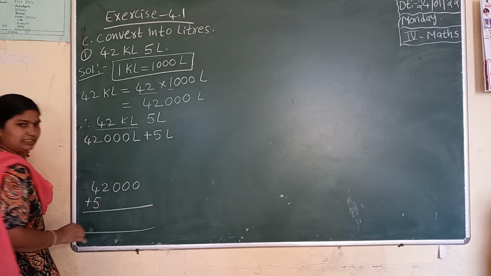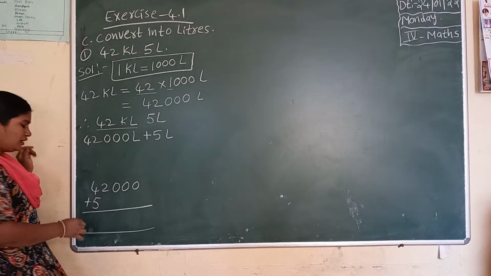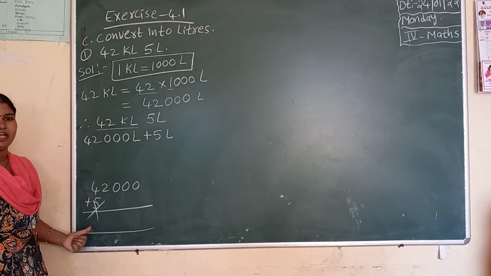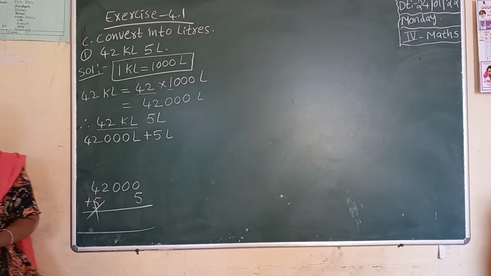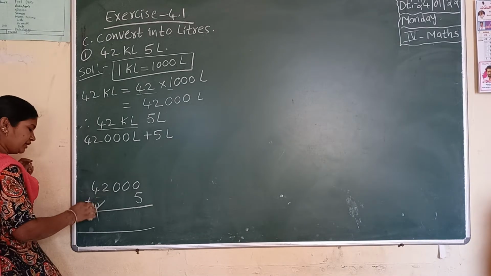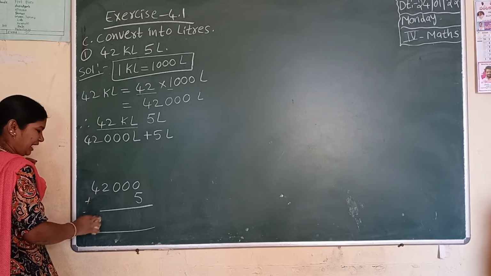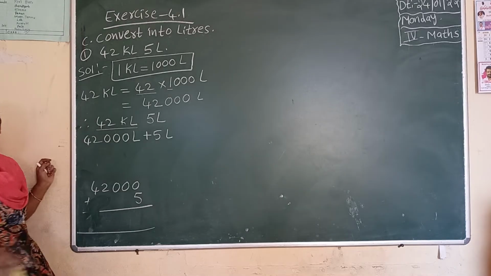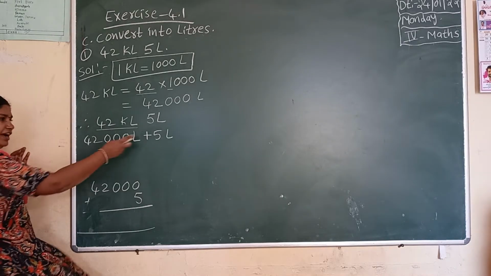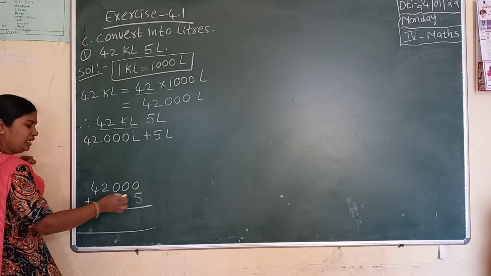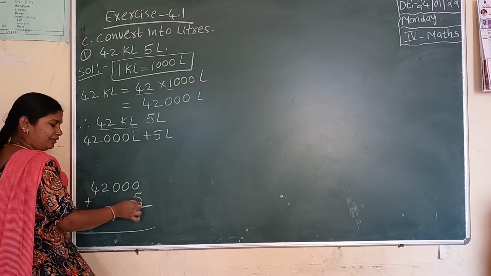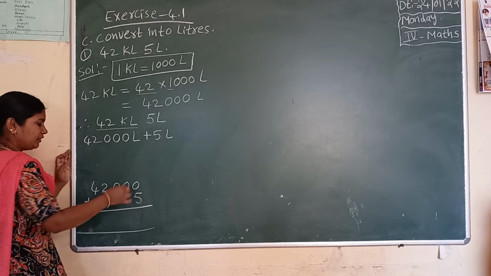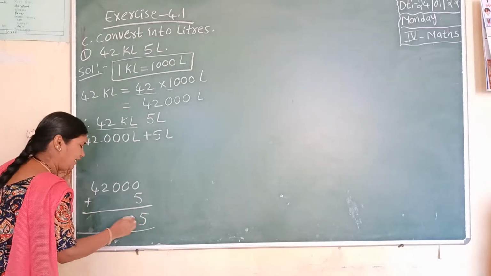Is it right? It is wrong. Don't add 5 here. You have to add 5 in the ones place only. It is wrong, because then it becomes the 10,000 place, but they did not give 50,000 liters. They gave only 5 liters, a single number, so you have to add in the ones place only. 0 plus 5, 5.